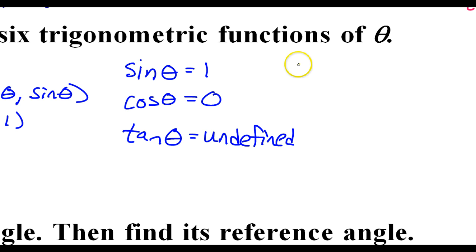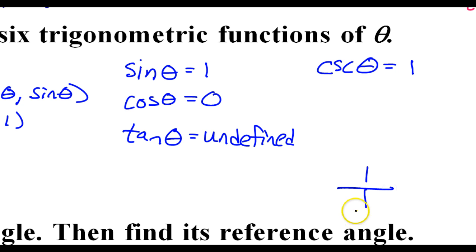Now the reciprocal trig functions. The reciprocal of sine is cosecant. So let's see, what's the cosecant going to be? Well, the reciprocal of 1 is just 1. It's like taking a 1 and putting a 1 over it, it's still 1.